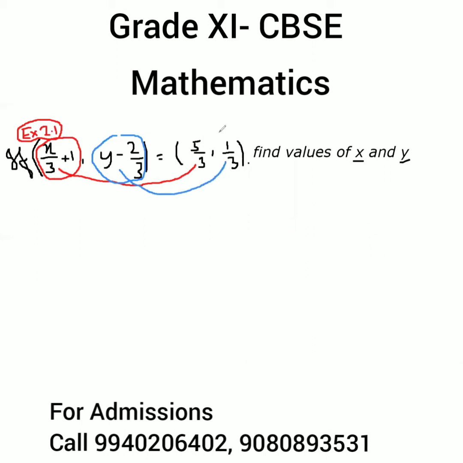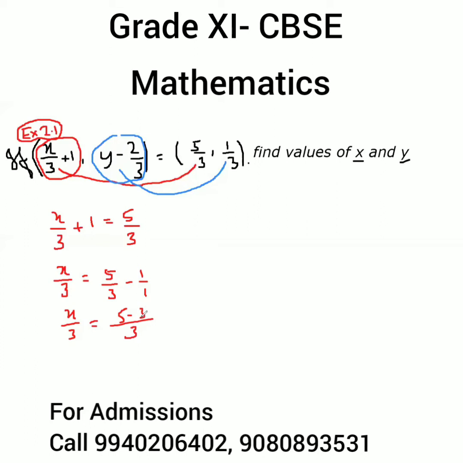So on solving, x by 3 plus 1 is equal to 5 by 3. So x by 3 is equal to 5 by 3 minus 1 by 1, the way we normally solve to find the value of x. Here you have to take the LCM. When you take the LCM, you will get 3, which is 5 minus 3.